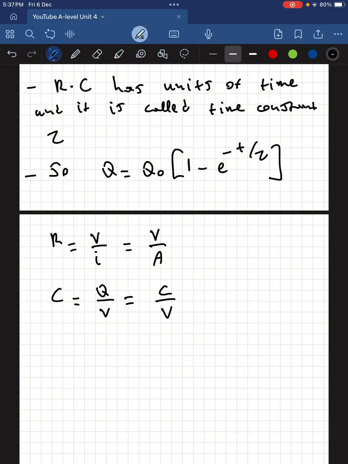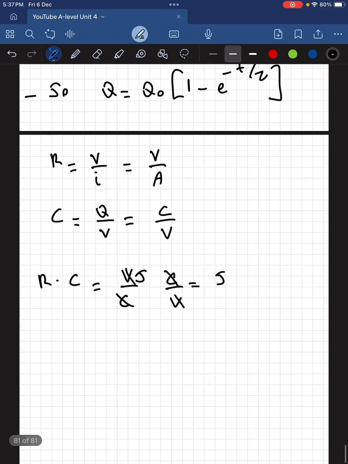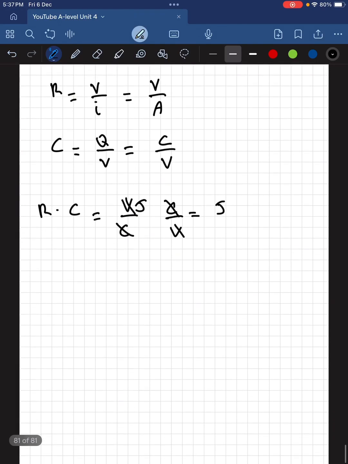If we multiply R and C, in terms of units, recall that 1 ampere is 1 coulomb per second. Then we multiply by C over V, so this cancels, and we get units of seconds, okay? So I'm not messing around, it's actually working.